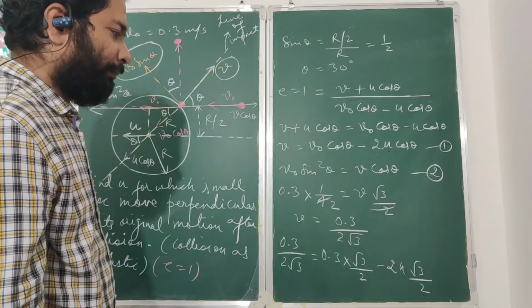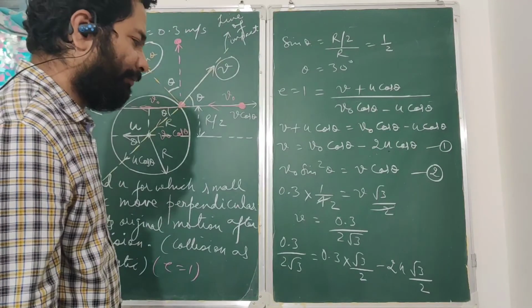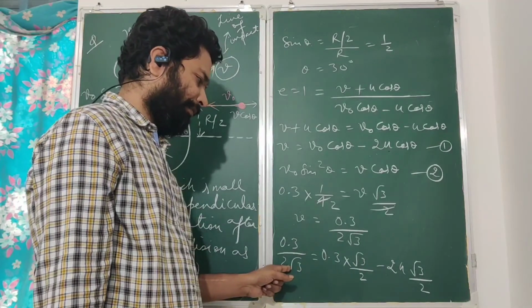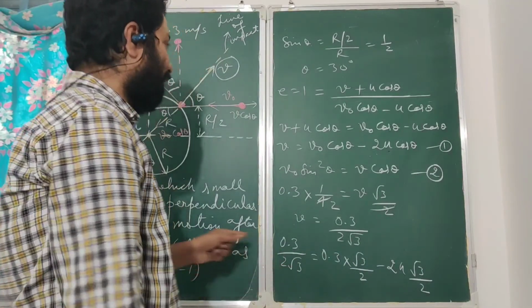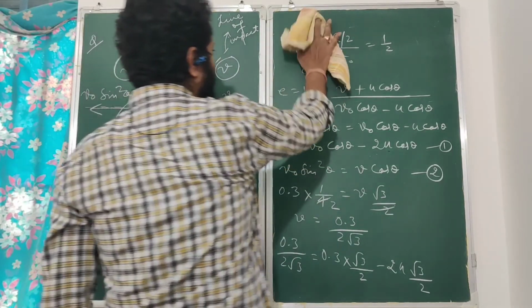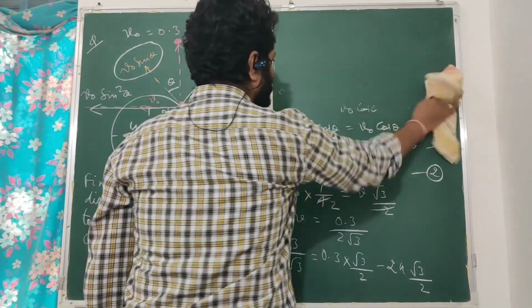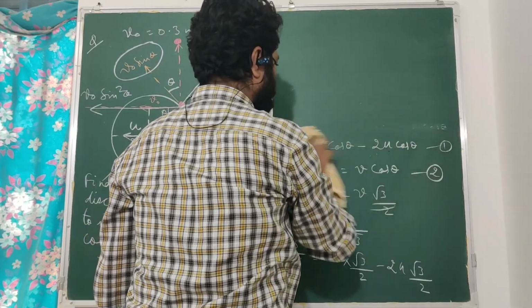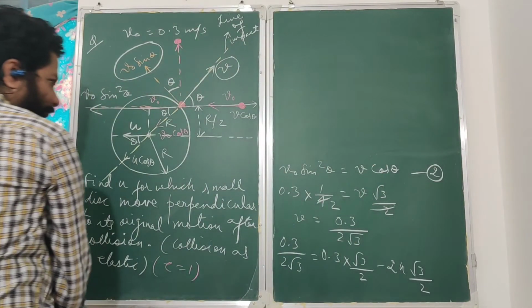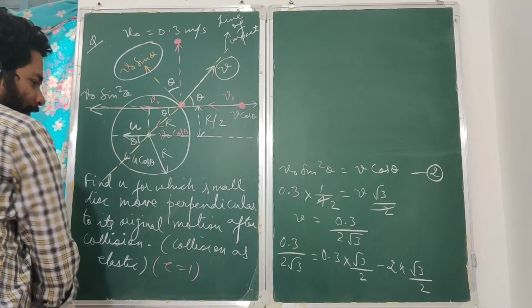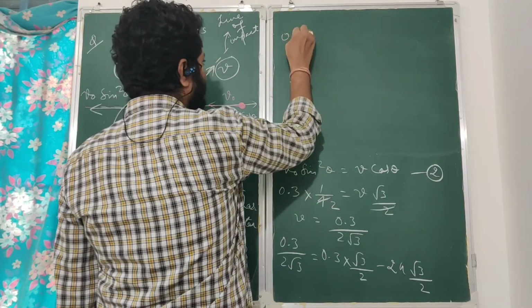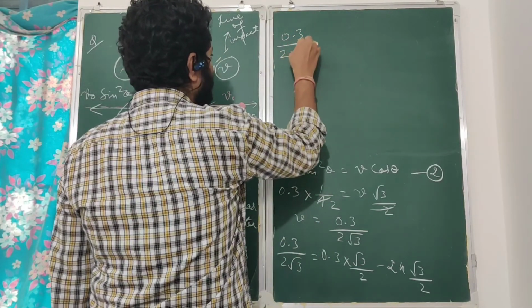Now what can be further done from here? We can take this root 3 to the denominator. So when you take it here, 0.3 by 2 into 3.